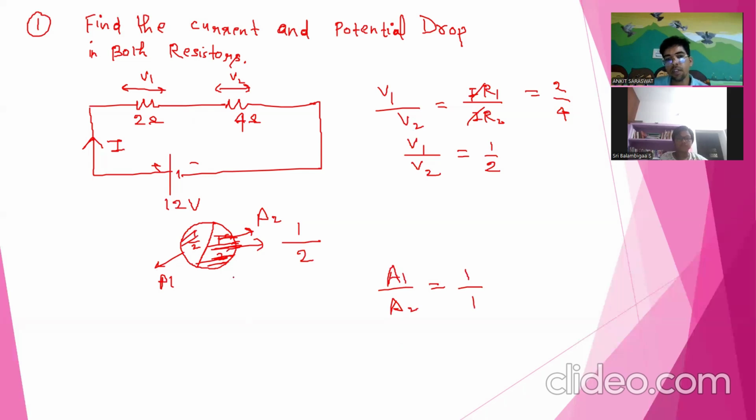Then A1 is how much? Yes, sir, ratio is 1:1, so A1 is 1/2. Clear? 1 by total part.